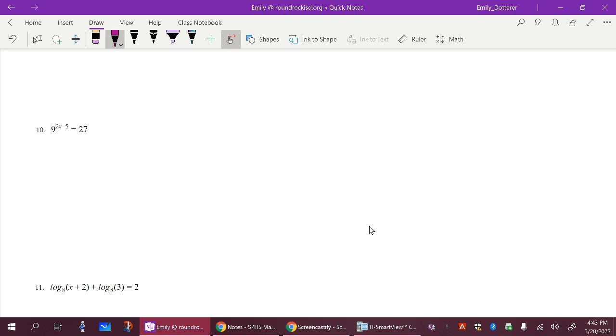Same basic rule here. 27 is the same thing as 3 cubed. 9 is the same thing as 3 squared.